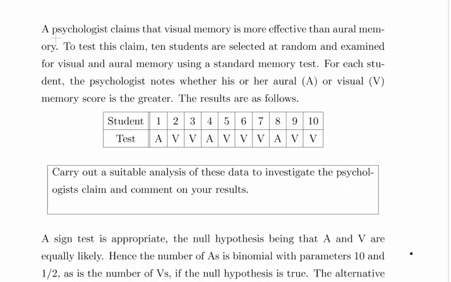To test this claim, 10 students are selected at random and examined for visual and oral memory using a standard memory test. For each student, the psychologist notes whether his or her oral or visual memory score is better.